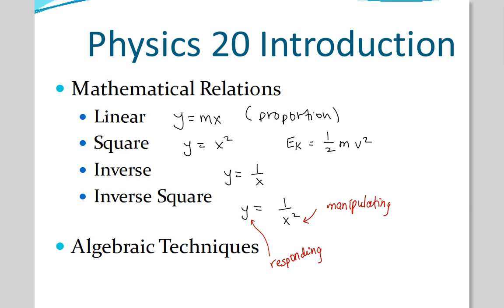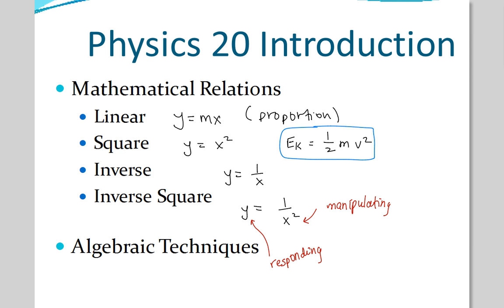So like if you take a look at this kinetic energy equation, which variable corresponds to y? EK or V? EK. Because I've written EK alone on the left, and I got Y alone on the left for those other ones. It's just like a convention. If I put Y alone on the left and all the other stuff on the right, then I have an easier time understanding what's the manipulated and what's the responding.